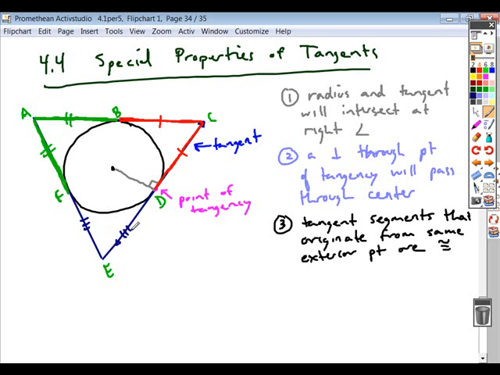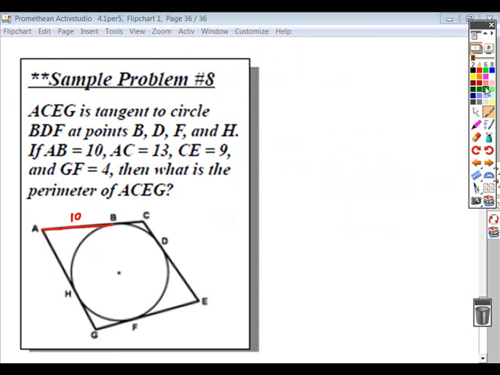So if you look at the sample problem on page 74, and you're told that AB is 10, AC is 13, CE is 9, and then let's say GF was 4.